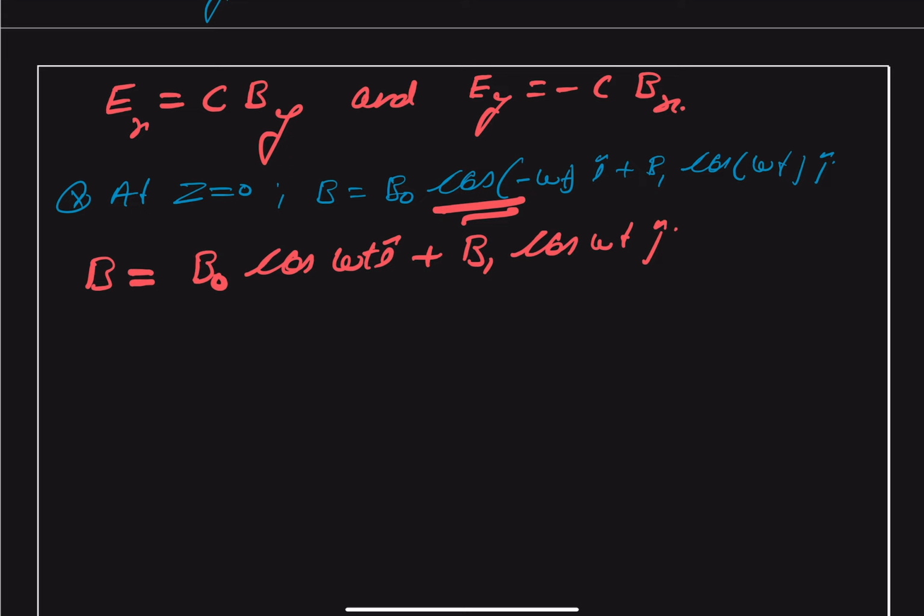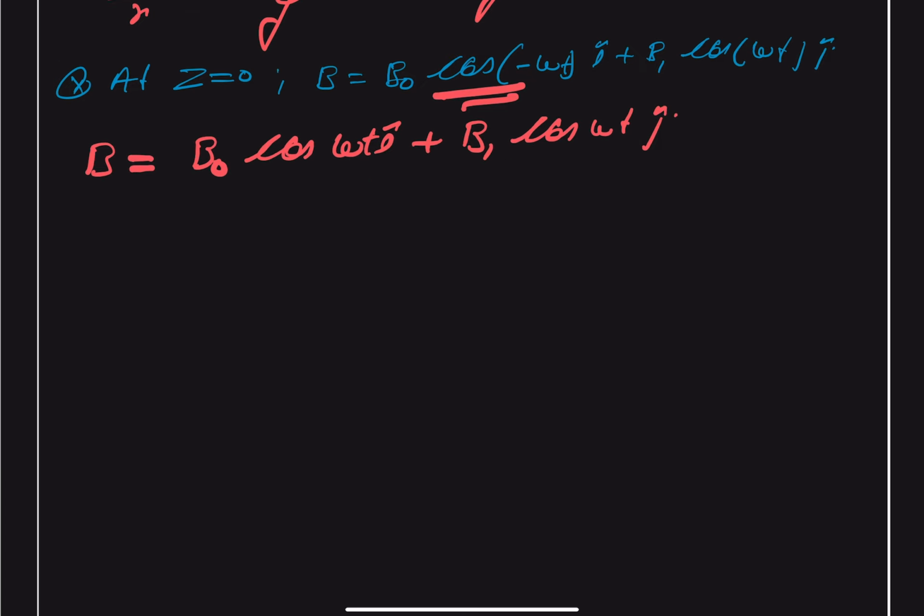Therefore we can write that our electric field will be equal to minus c B1 cos of omega t i plus c B naught cos of omega t j unit vector.